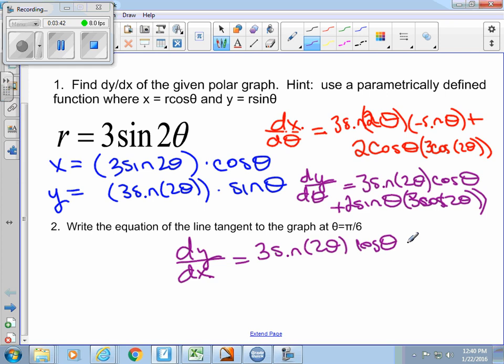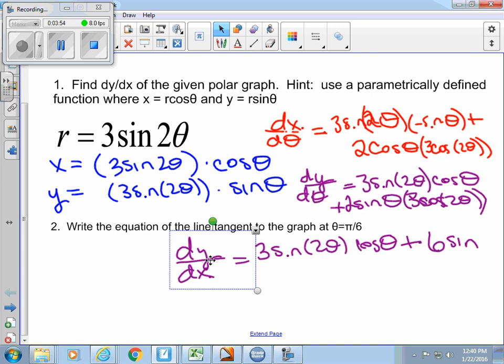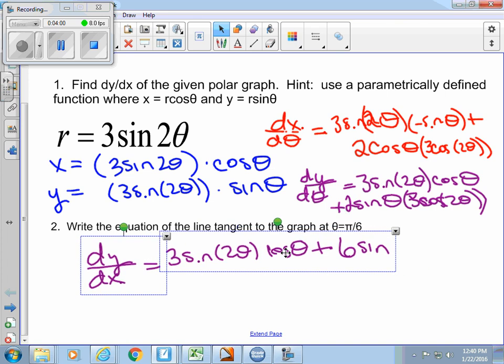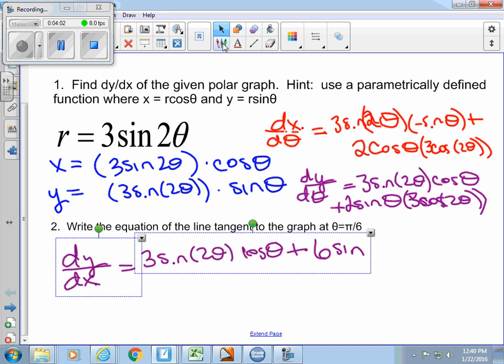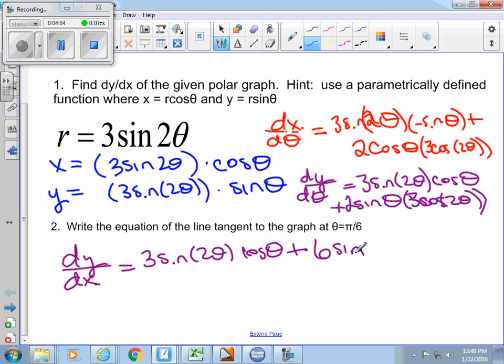Cosine theta plus 6 sine theta cosine 2 theta. Oh, still ran out of room.